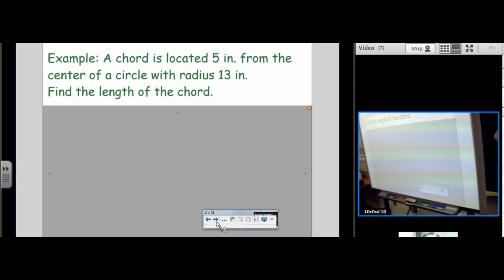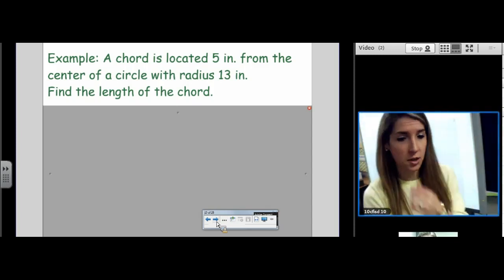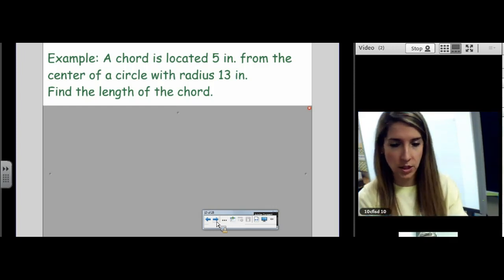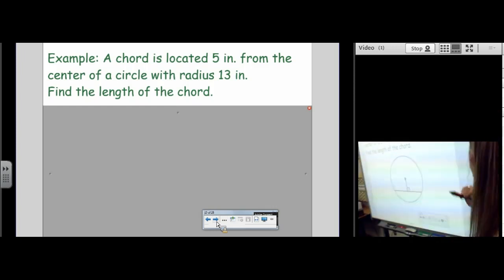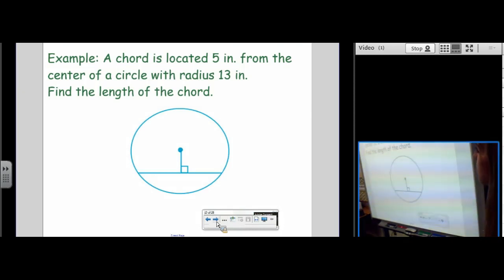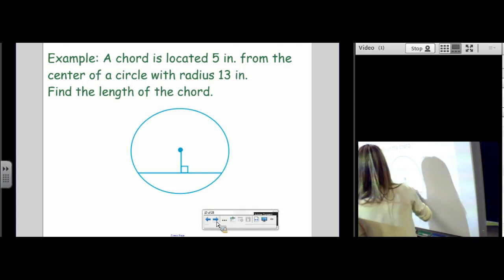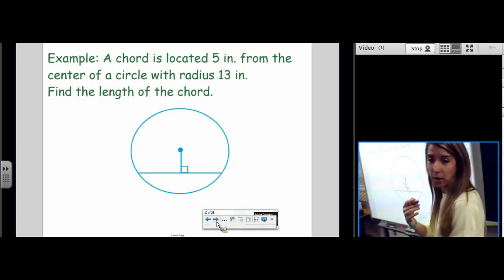A chord is located 5 inches from the center of a circle with radius 13 inches. Find the length of the chord. I purposely covered up the picture because you need to be able to draw these on your own. So try drawing a picture of that situation. So here's the picture. It's located 5 inches from the center. So that's the location. You draw a perpendicular segment.